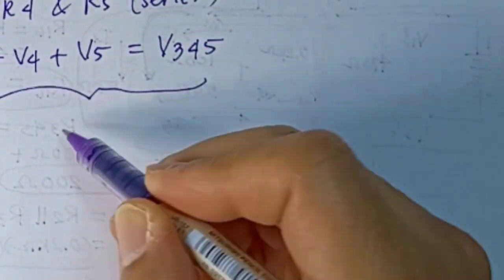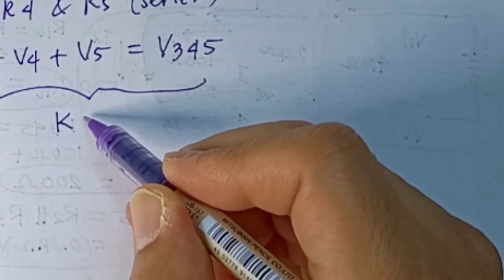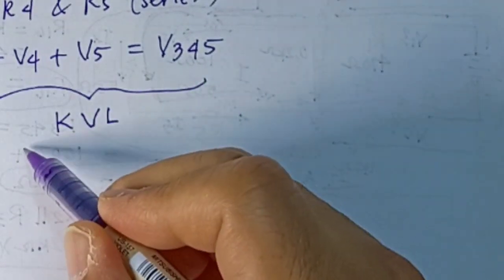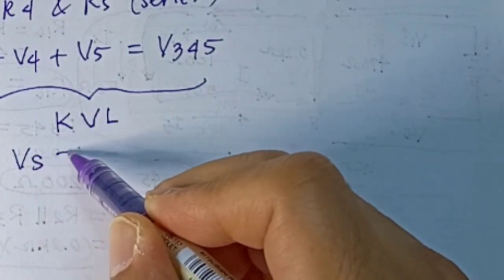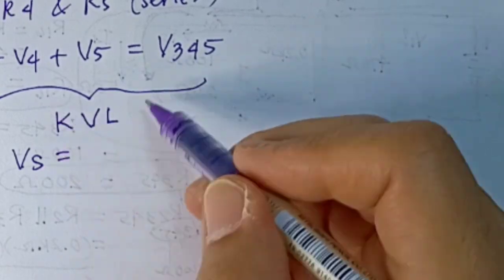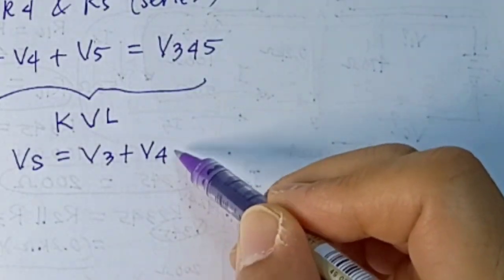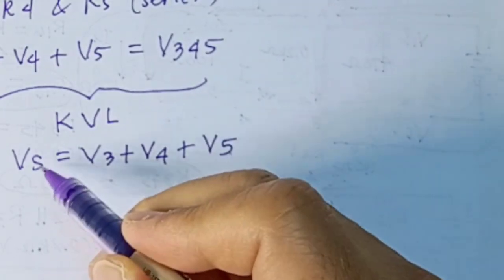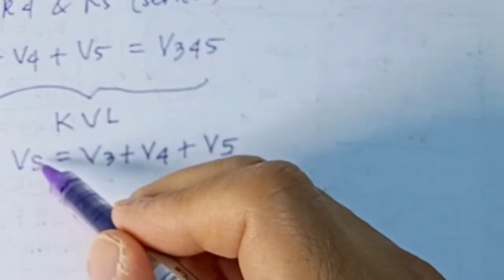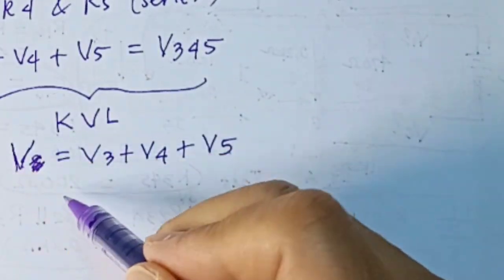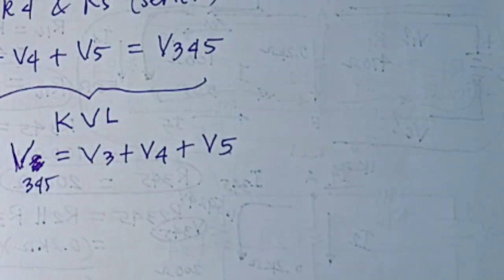Because of that, we can apply Kirchhoff's voltage law, where the sum of the voltages inside the series circuit will be equal to the total voltage, if there are no other voltages. But because there's another voltage there, we will not call this Vs, but V345.